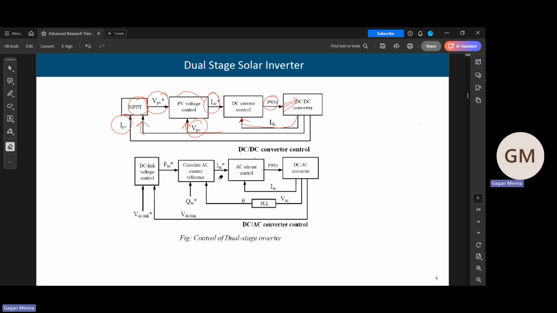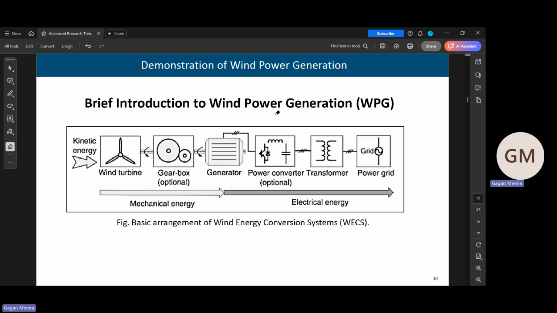So here we have the dual stage solar inverter. One is the DC-DC boost conversion, and second is the DC to AC conversion, the second step.